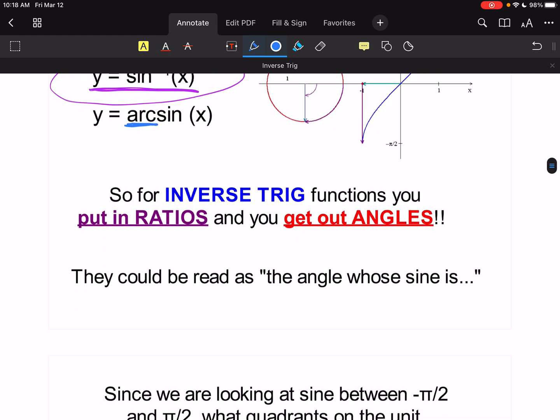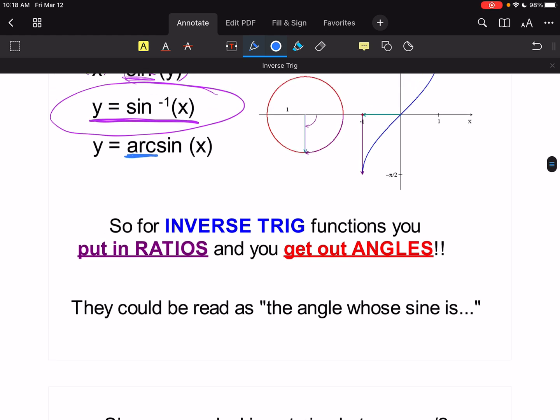So, inverse trig, it's going in the opposite direction of what we normally think about when we're evaluating trig. So if I think about a normal trig problem here, and we do the sine of pi over 4 equals the square root of 2 over 2, right?